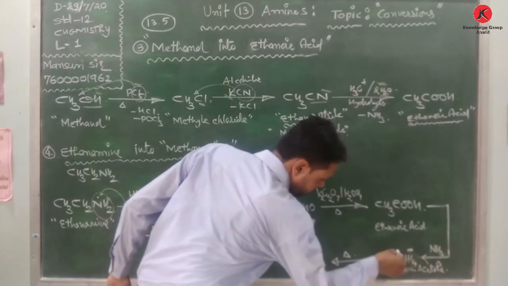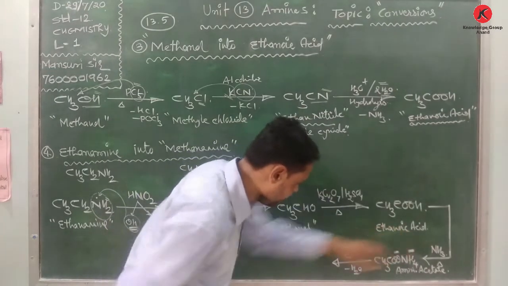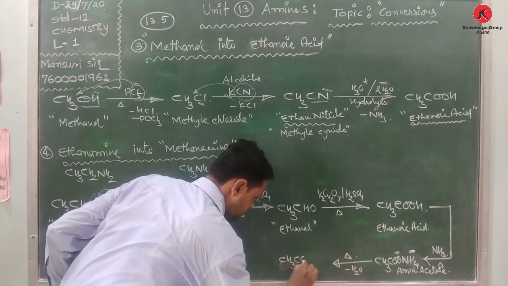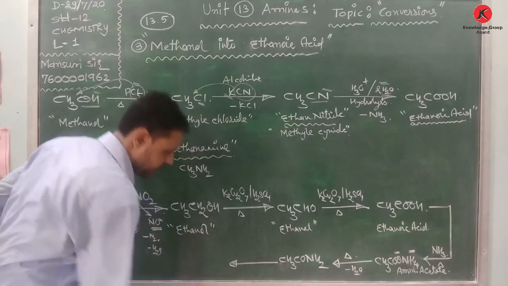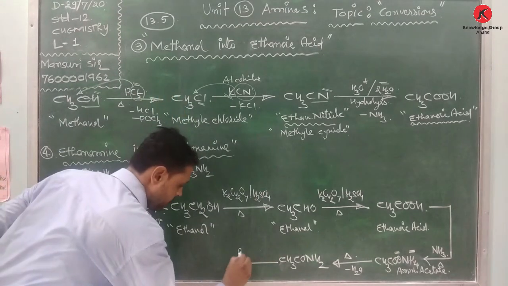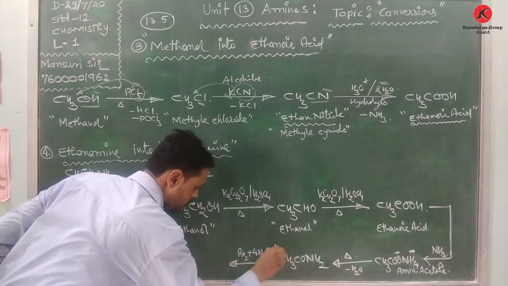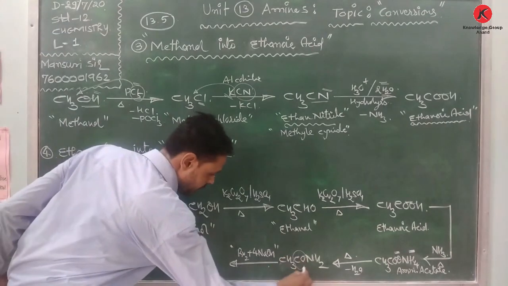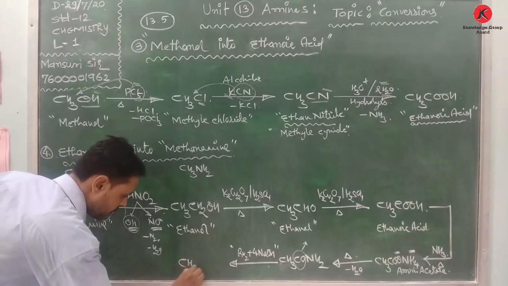Now 2 hydrogens and 1 oxygen will be removed, so ethanamide is obtained. And after getting this ethanamide, when Br2 plus 4NaOH is given, the carbonyl will be removed. So ethanamine is obtained.